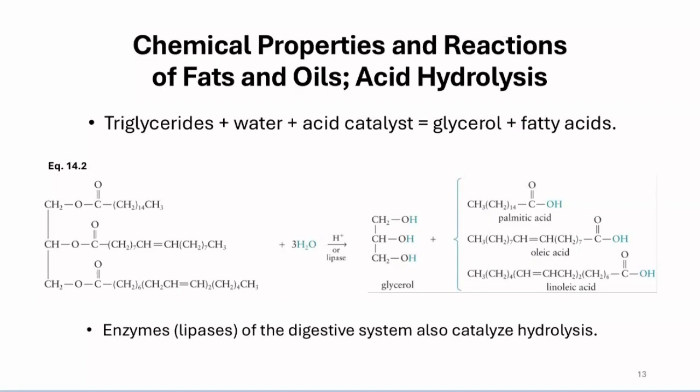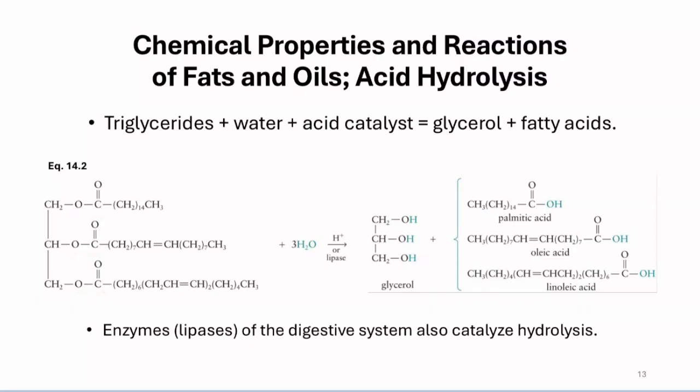Triglycerides, because they have the ester bonds, can undergo hydrolysis. We learned previously that esters can be hydrolyzed under acidic conditions. And when that happens, we are going to be forming an alcohol and a carboxylic acid.